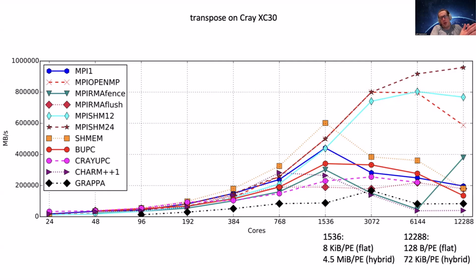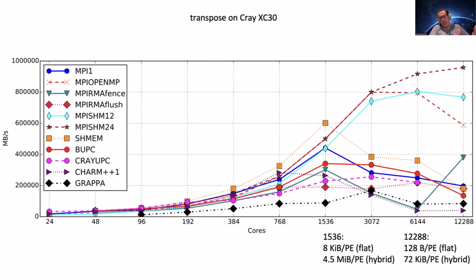And if you go to a hybrid model where you block at the node level rather than the core level, it's quadratic decomposition. So you get 4.5 megabytes. And so down to about 8 kilobytes in the message size, the network performance is basically flat. Once you get below 8 kilobytes, you switch over from being bandwidth limited to being latency limited, and all the protocol overheads come into play.